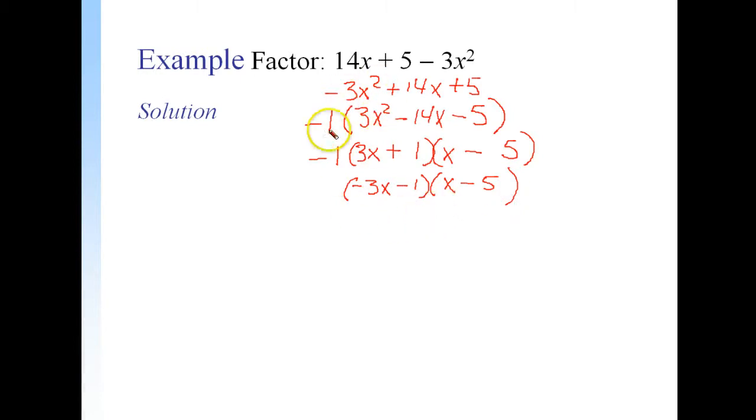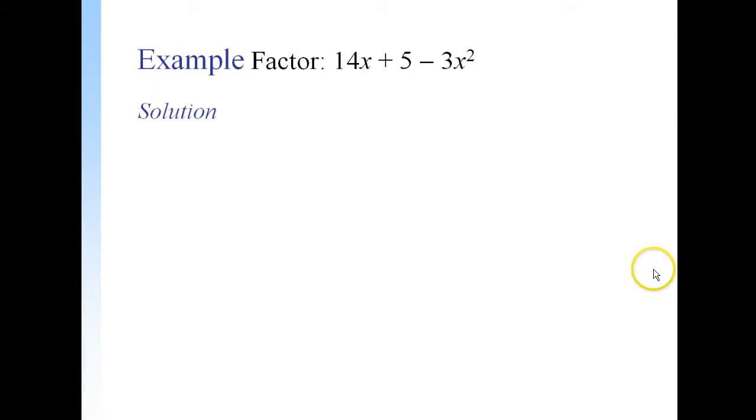So the strategy we're illustrating here is put it in standard form, get your a term positive by factoring out a negative 1 that changes all the signs, then factor that, and then you can multiply the negative 1 through these, and you are finished.